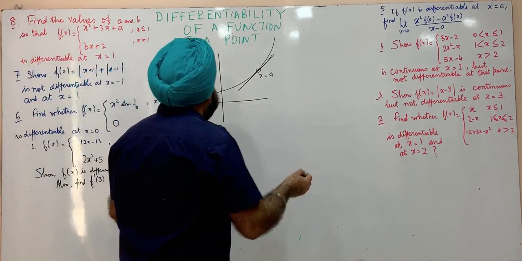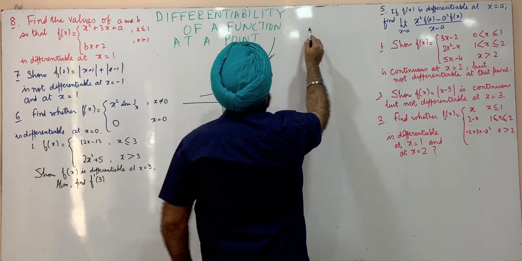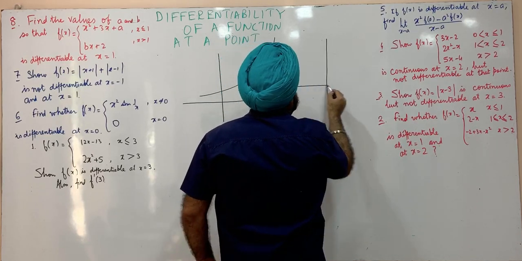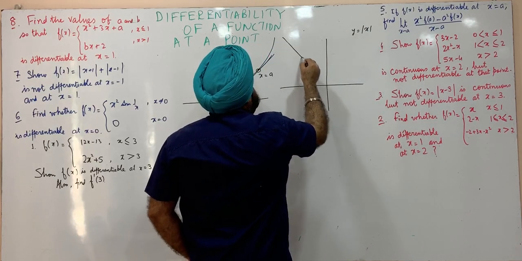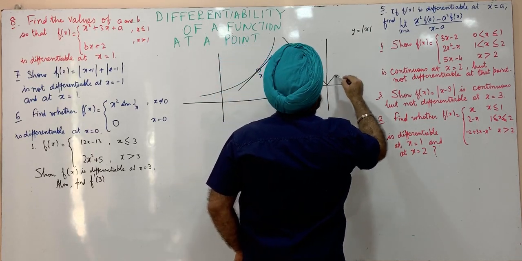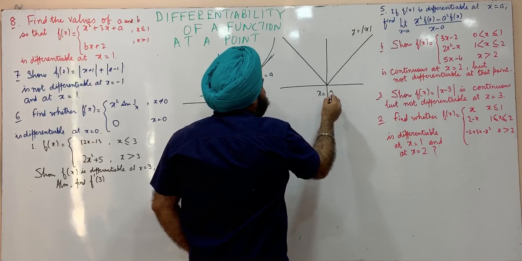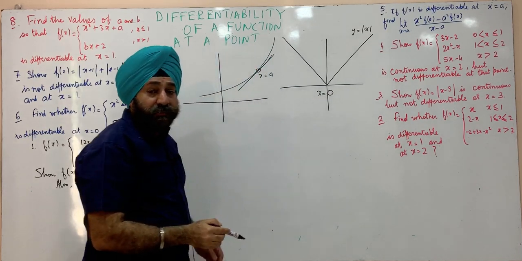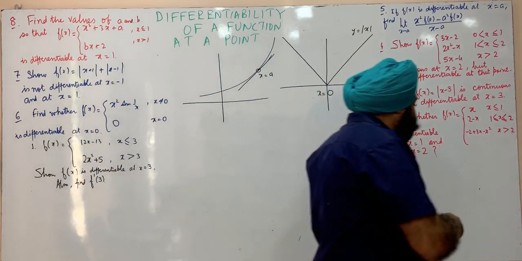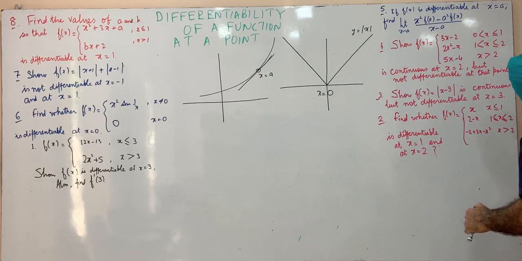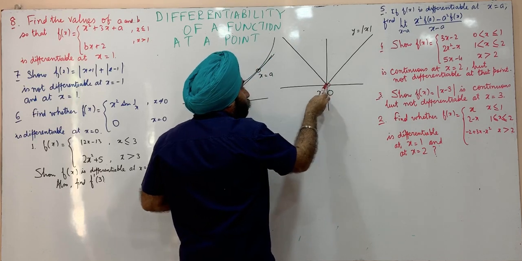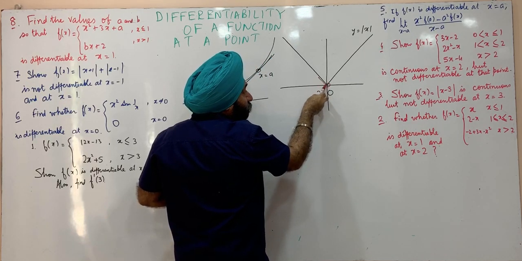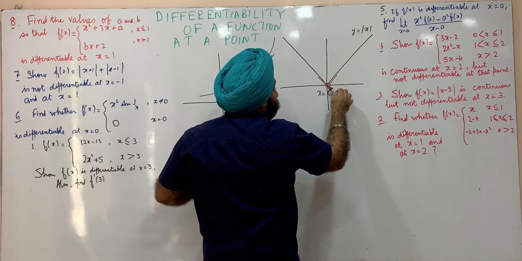So what happens when a function is not differentiable? Let's consider this example. Y is equal to modulus of x. This is modulus of x. This is a particular point x is equal to 0. Now when we draw a tangent to this at x is equal to 0, on the left hand side this is the tangent, and on the right hand side this is the tangent.